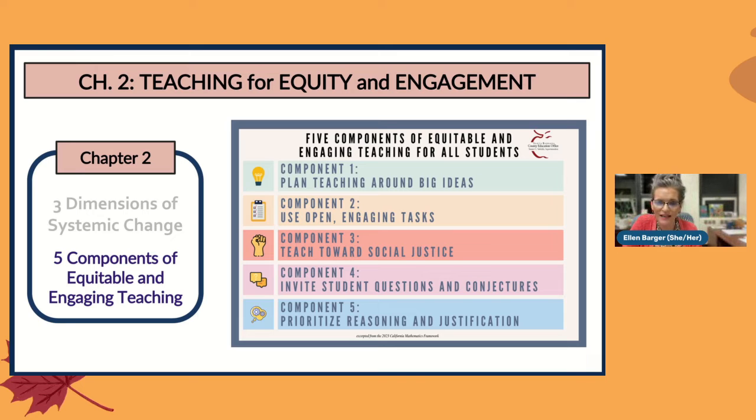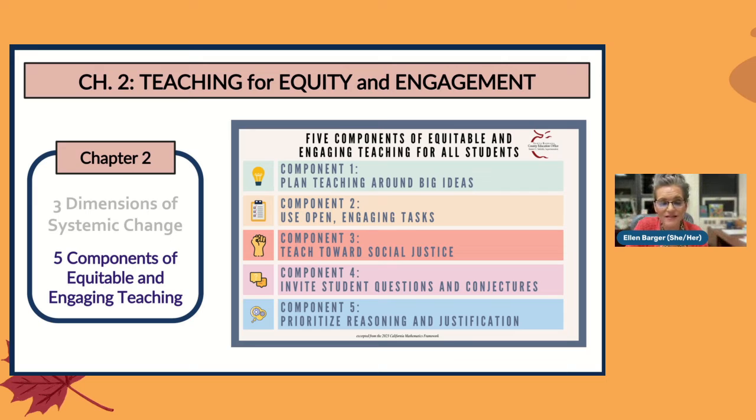So component 1 is around planning the teaching around the big ideas for sense making, for relevance, for connections. Number 2, using open, engaging tasks, low threshold, high ceiling tasks that students have multiple points of entry, those things that they are asking about the next day, that they come in and say, are we going to do that again? That they're still thinking about when they leave your classroom.